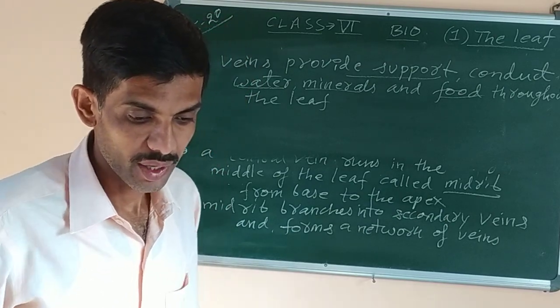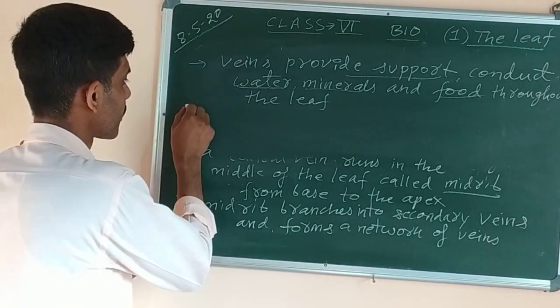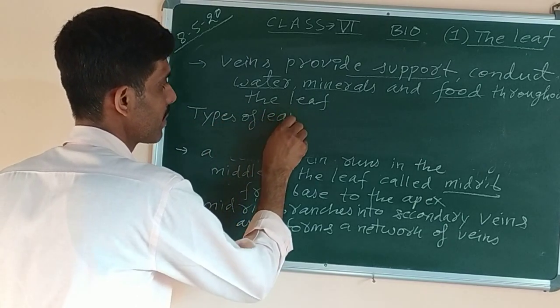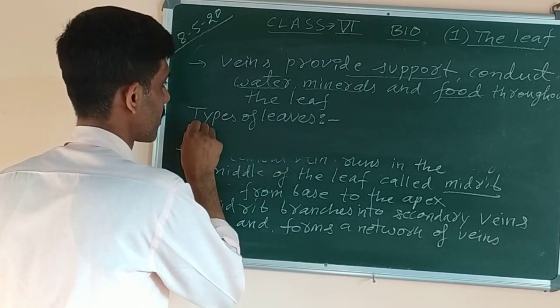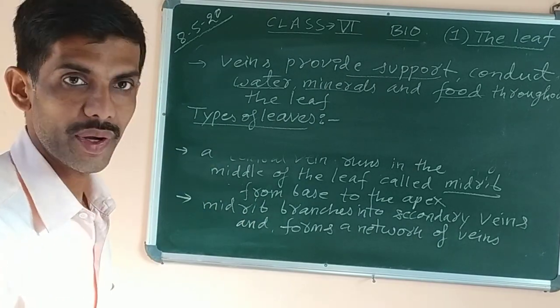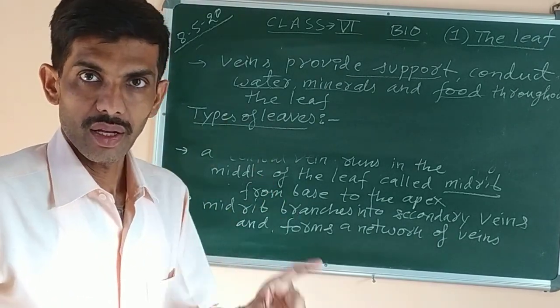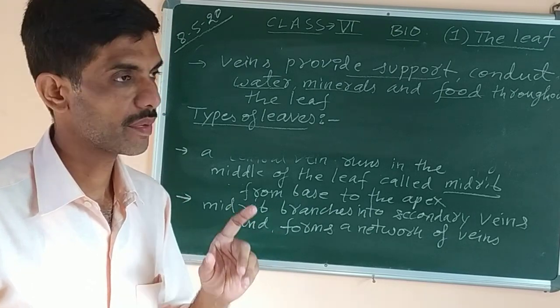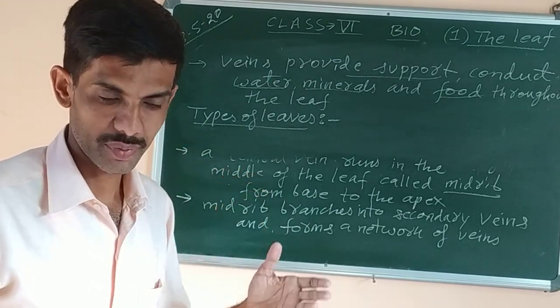Now next we have to read the types of leaves. Next heading is types of leaves. So how many types of leaves are there? It depends on the presence of incisions. Let me explain it first.